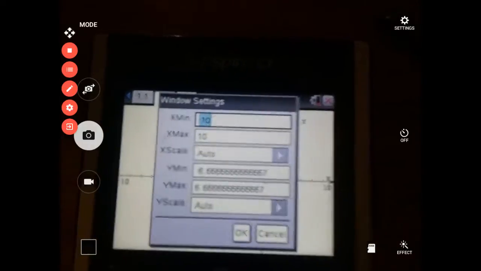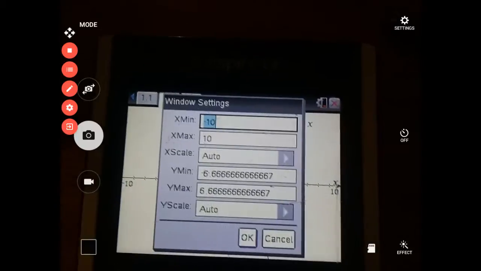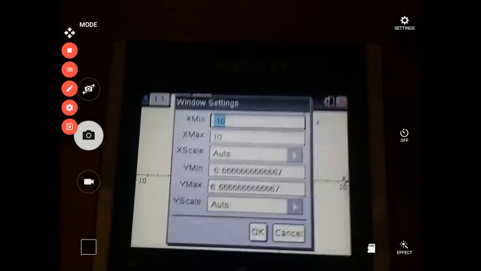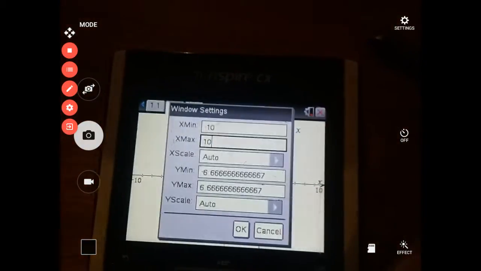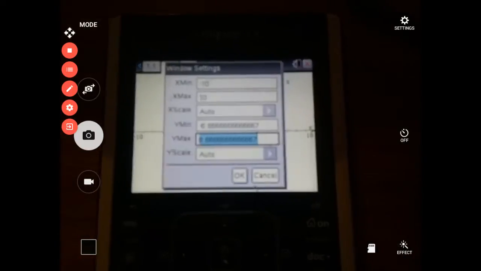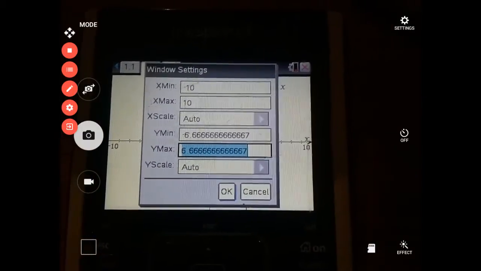Now, the question itself says the planes are traveling 1,400 miles from Ottawa to Regina. So I can put 1,400 for Y max, I'm just scrolling down with the down button, but that's going to be right at the top of the grid, because that's the exact distance.